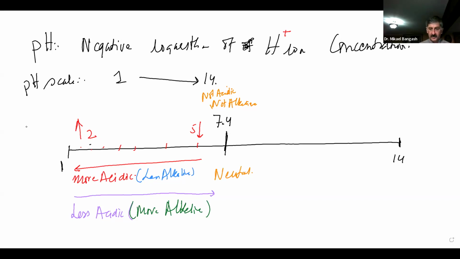Whereas on this side of our scale here, generally speaking, these will all be alkaline pHs. So as we go in this direction here, from let's say 7.4 to 8, 9, 10, 11, 12, 13, and 14, it's going to become more alkaline or basic, which mainly will mean that it will be less acidic.